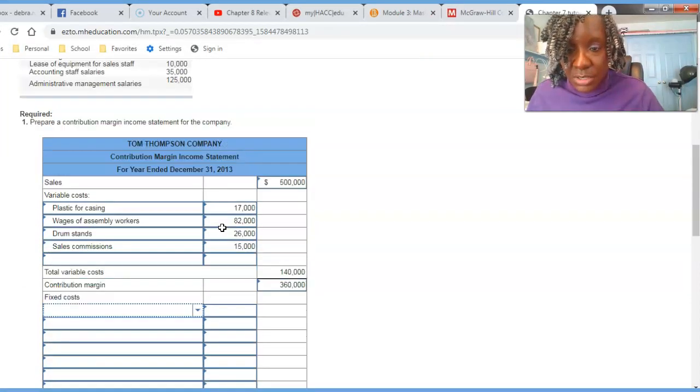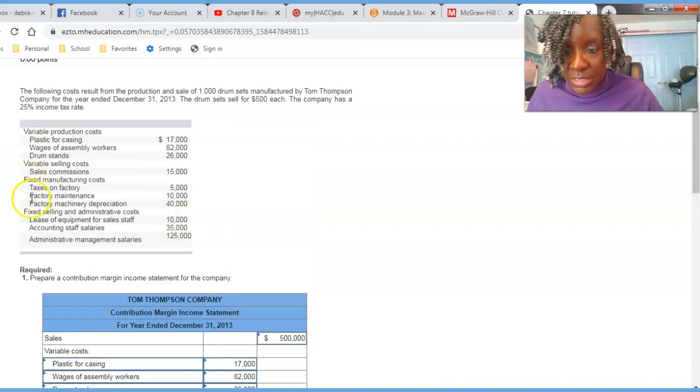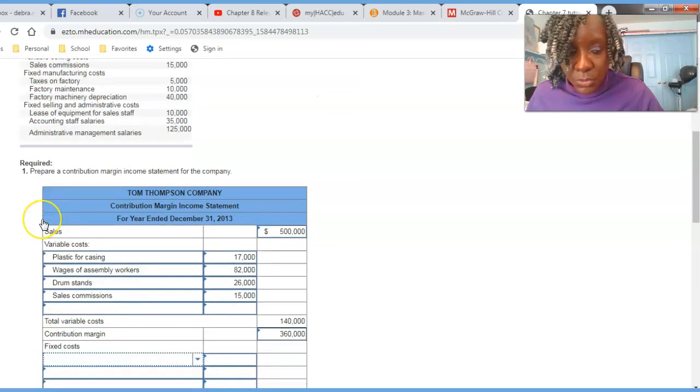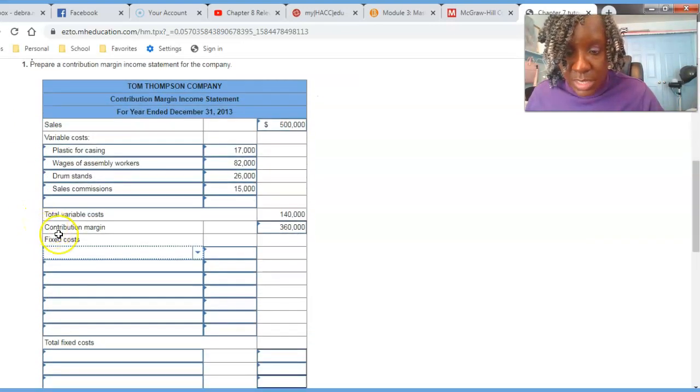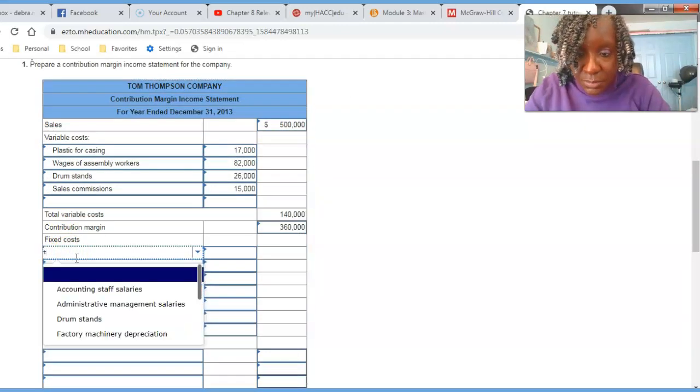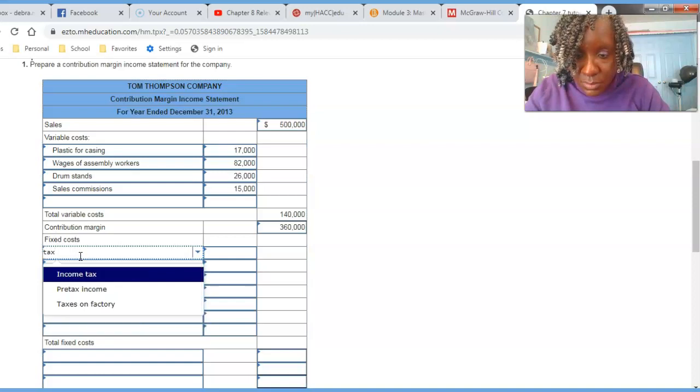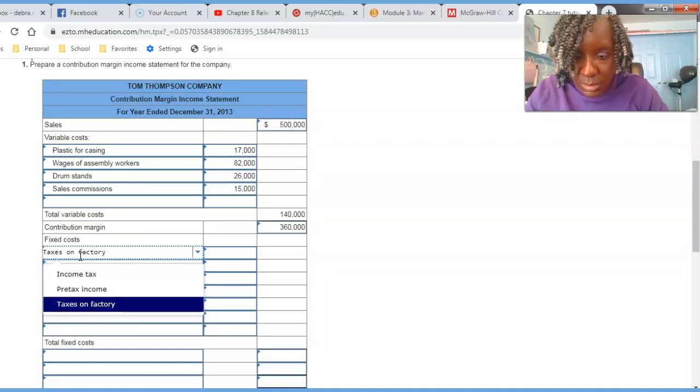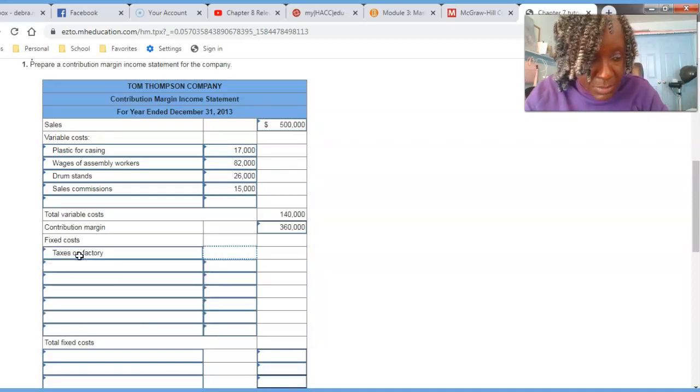Now we have to consider our fixed costs, and they are delineated here. So we're going to create our fixed costs, and starting with taxes on factory, I come up to an amount of $5,000.